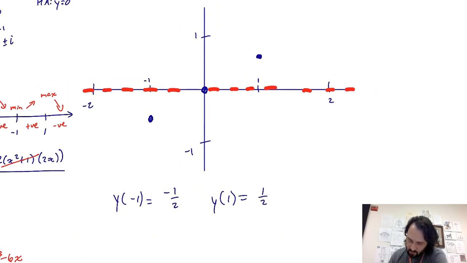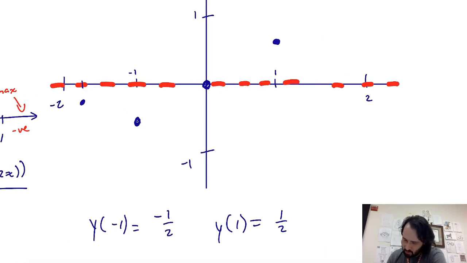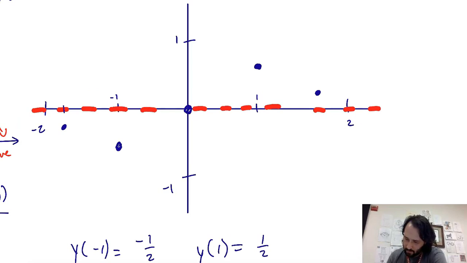Points of inflection at my root 3 over 2's. So root 3 over 2, somewhere in here it's going to change concavity. And positive root 3, or sorry, I don't know why I'm saying root 2. So 1.732, it's going to change concavity as well. So here I have a point of inflection.